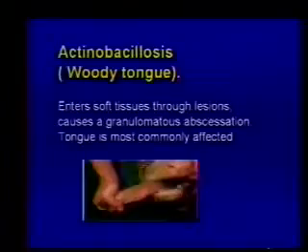The Actinobacillus enters through soft tissue lesions, and it causes a granulomatous abscessation, and the tongue is the most commonly affected. Sometimes you can also see it in the buccal mucosa around the cheeks, and it's mostly soft tissue.